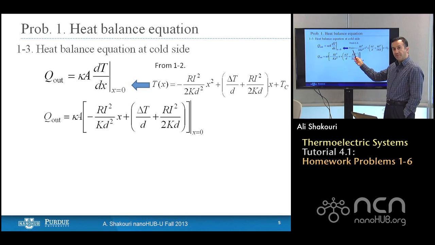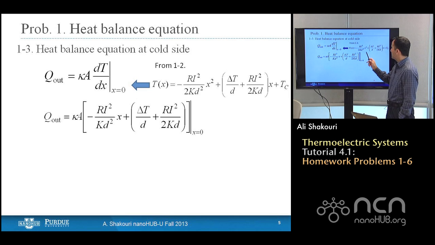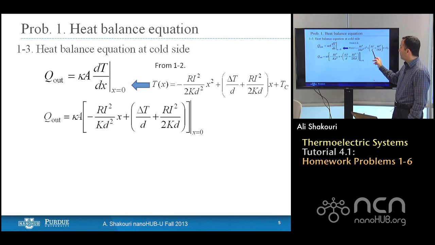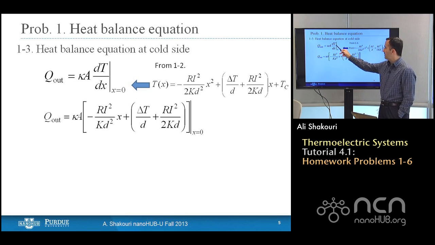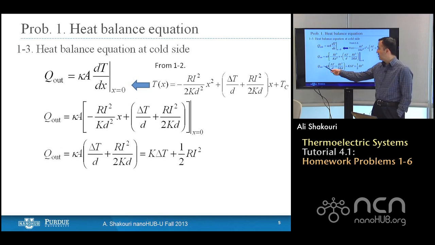You remember from the previous problem 1-2, the expression for temperature was fully determined by the properties of the thermoelectric material, its electrical resistance and thermal conductance, as well as dimension. You take this derivative with respect to x, and then put x equals 0. That's Q out. Q out has two terms.